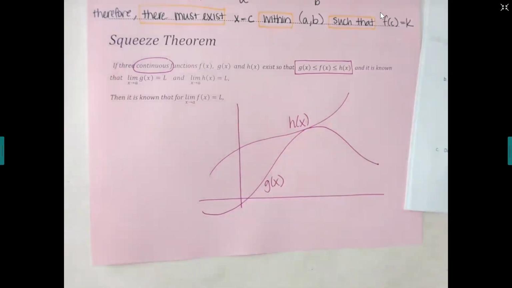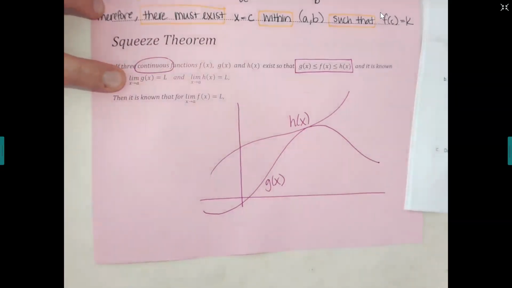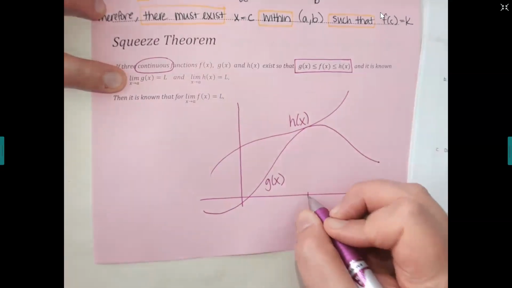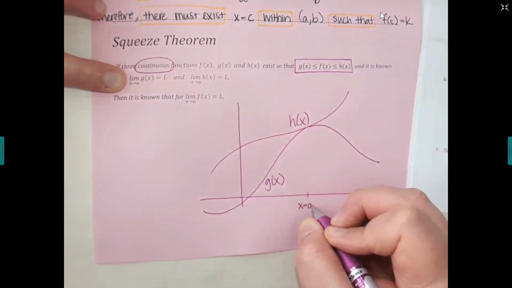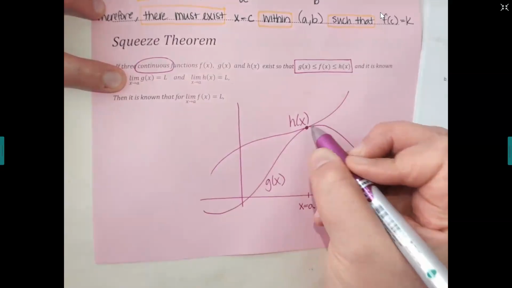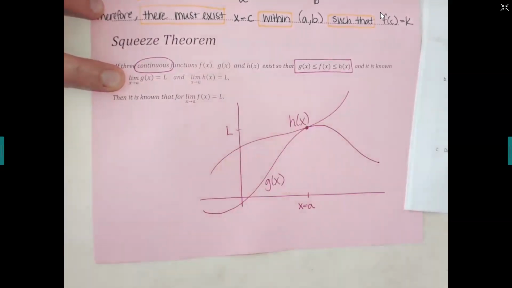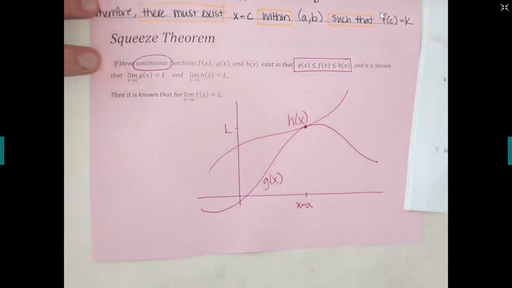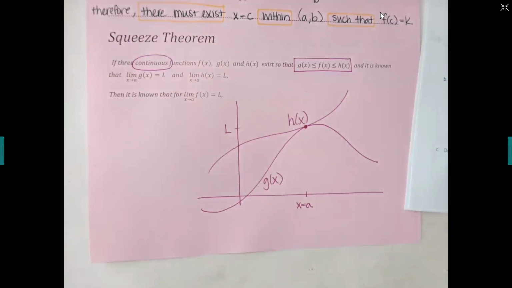Now, as I get closer and closer to x approaching a, both of those graphs, so we'll say this is x equals a, both of those values are coming off to whatever L is. Okay, we're doing L for our limit. So as h gets closer and closer to a, my y values get closer to L. And then the same thing with my g function, as my x's get closer to a on both sides, my y value is getting closer to L.